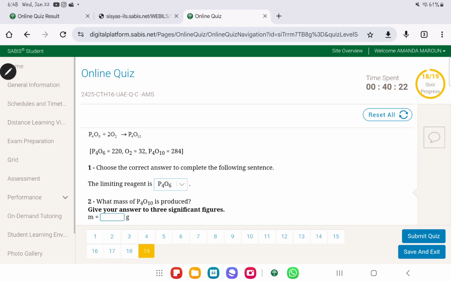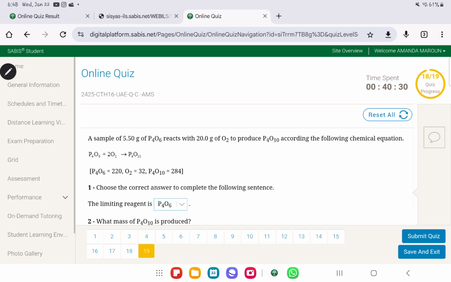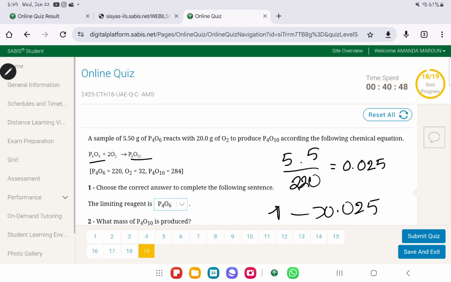That means our limiting reagent is gonna be P4O6. Now they need what mass of P4O10 is produced. Since P4O6 is our limiting reagent, it is the thing we are gonna be focusing on, or it is our basis. So that means the number of moles of P4O6 is what is gonna affect the number of moles of P4O10. So we said it is 5.5 divided by 220, which is 0.025. So if 1 will give us 0.025 moles, then again 1 mole of P4O10 is gonna give us 0.025 moles.